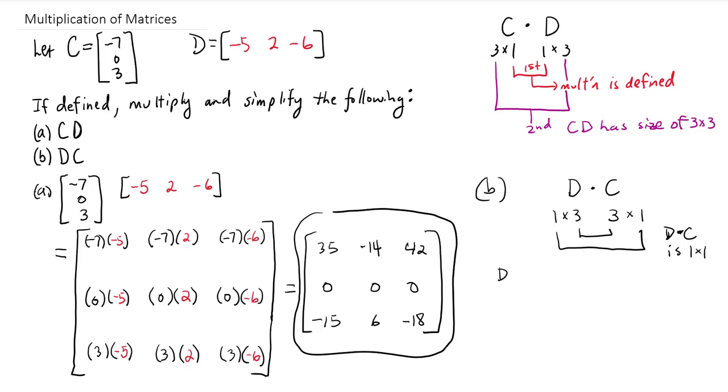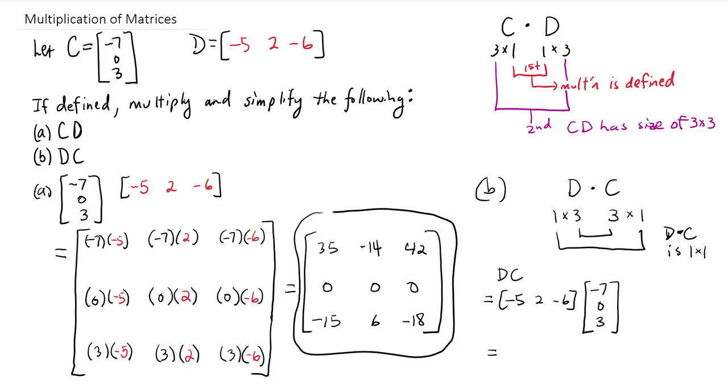So let's write D times C is now equal to negative 5, 2, negative 6. And this time matrix C is in the column position negative 7, 0, 3. So what would that 1 by 1 matrix look like?